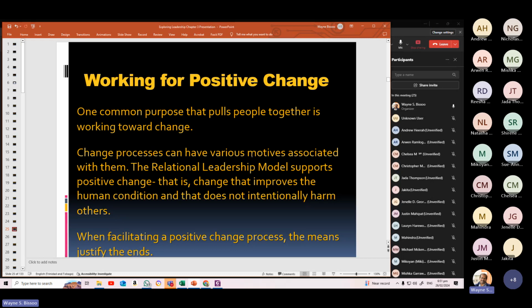So the relational leadership model supports positive change that improves the human condition and does not intentionally harm others. Unfortunately, sometimes some of the things we do, although for good, can end up being negative. So that's something we have to pay attention to as well. All right. When facilitating a positive change process, the means justifies the end. I don't really agree too much with that statement, but it's there in the text.